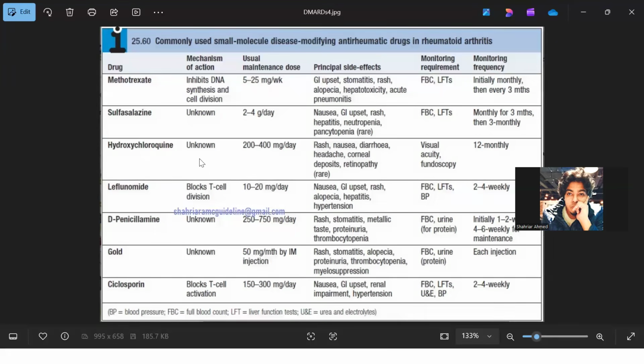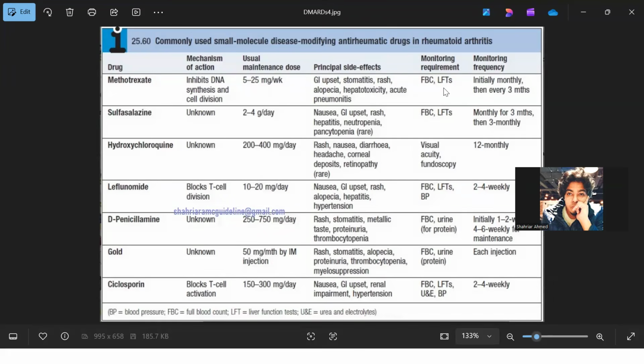Now, the next thing is important. Many of them can have an effect on the bone marrow. You see thrombocytopenia, and some have other conditions, so CBC is monitored. Because these are disease modifying, they are very powerful and have a lot of effect on the bone marrow.